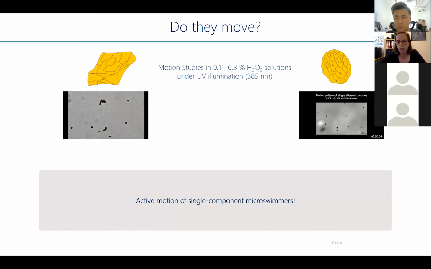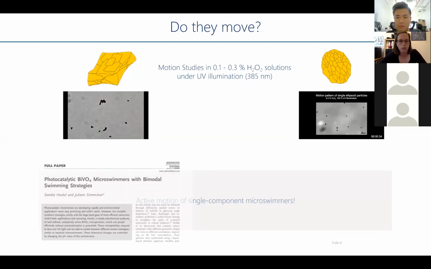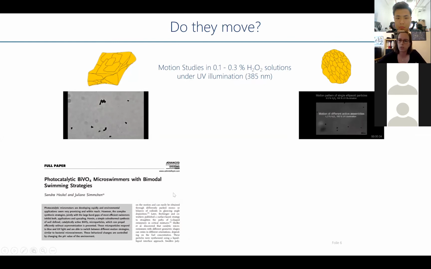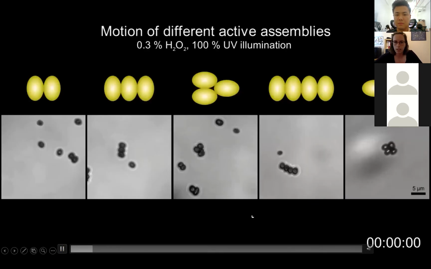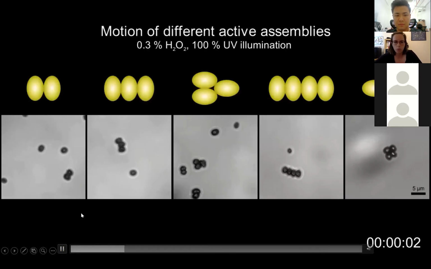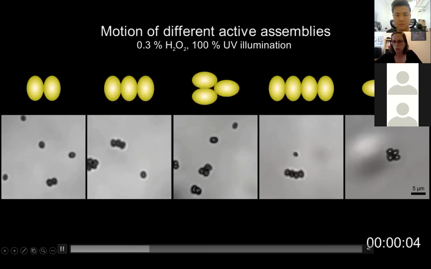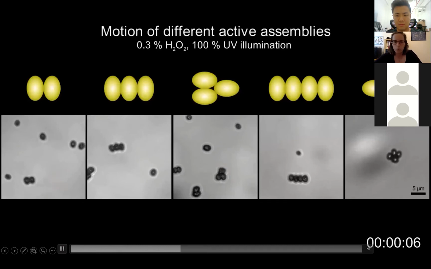If you care to read a bit more about these specific morphologies, I could recommend you this publication about the stacked particles, which we published 2 years ago, and about the spheroidal particles. We found something else interesting. We found that they can actually assemble into modular microswimmers from 2 to 4 building blocks, and then they move together.